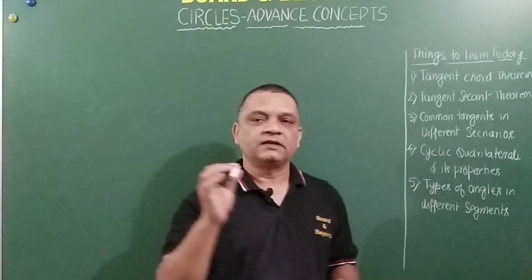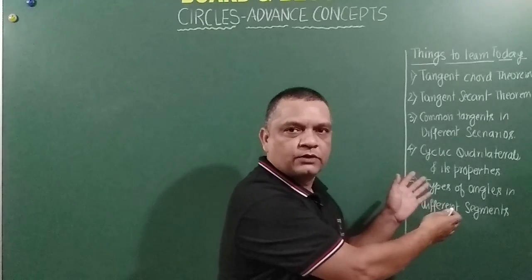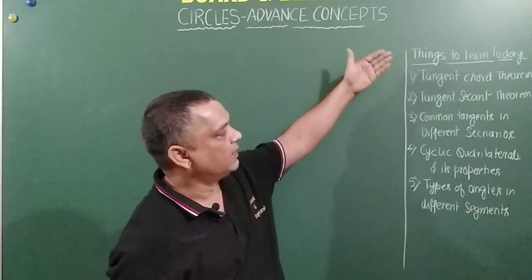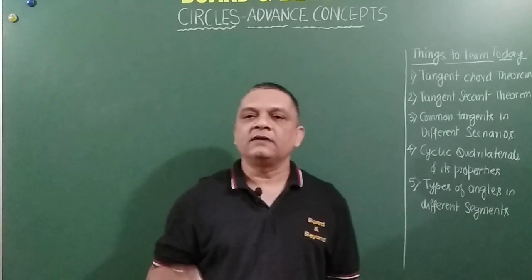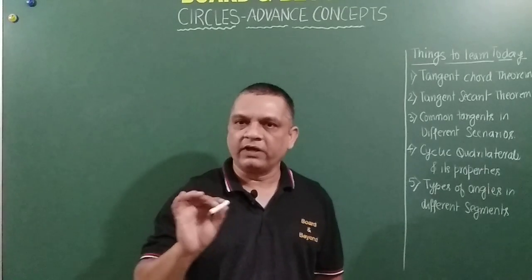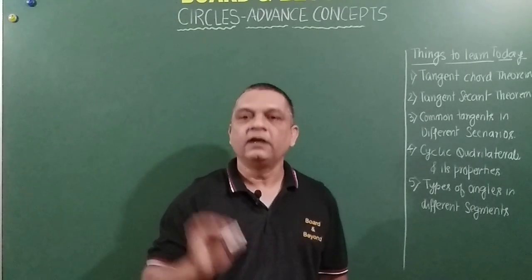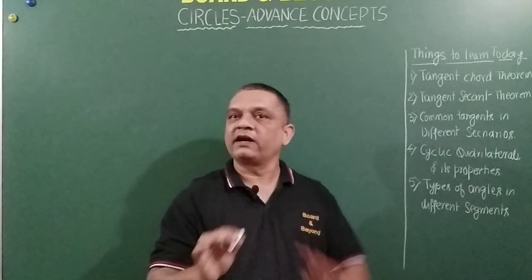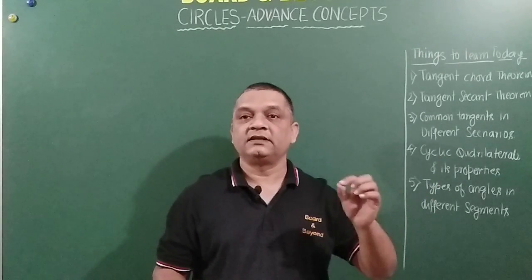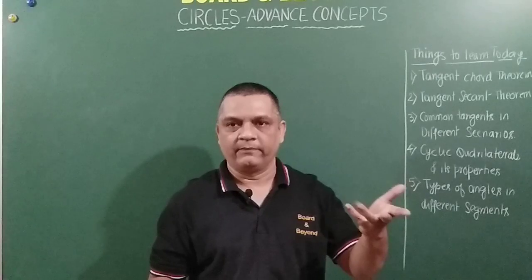So friends, these are the things that we are going to learn today, right? To name them, we will understand what is a tangent chord theorem. Once you have learnt that, you can revisit the problems in your textbooks and see how easily you can solve them, right?